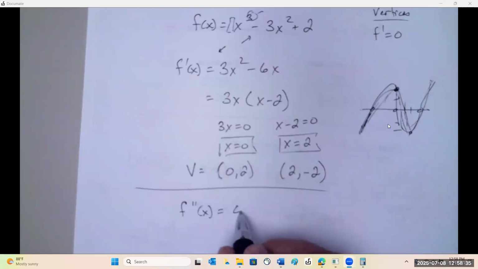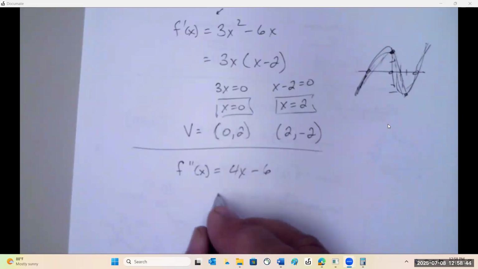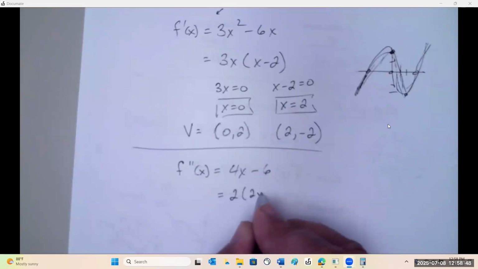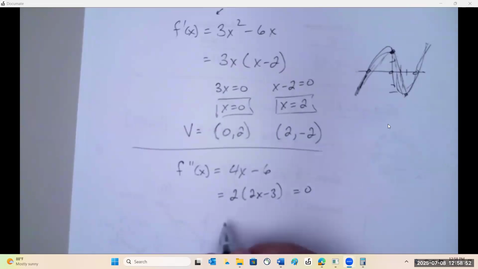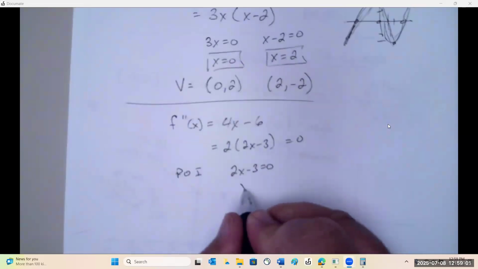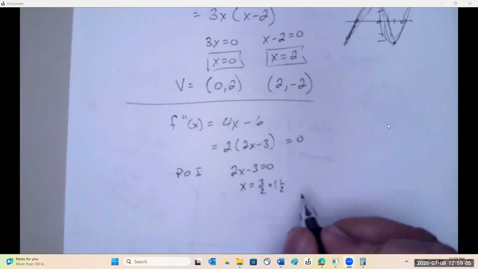My second derivative is 6x minus 6 for my concavity. Set that equal to 0. My point of inflection is at x equals 3/2, or 1 1/2.